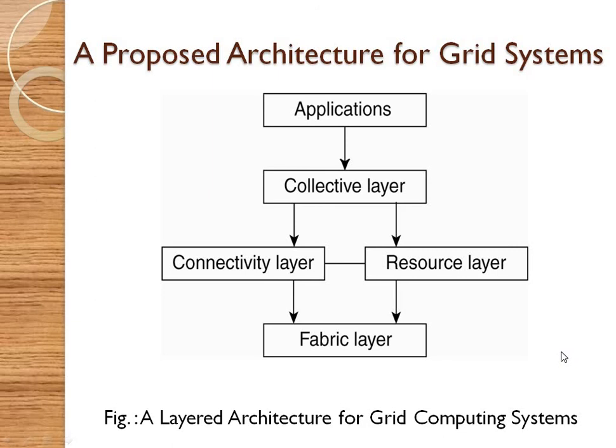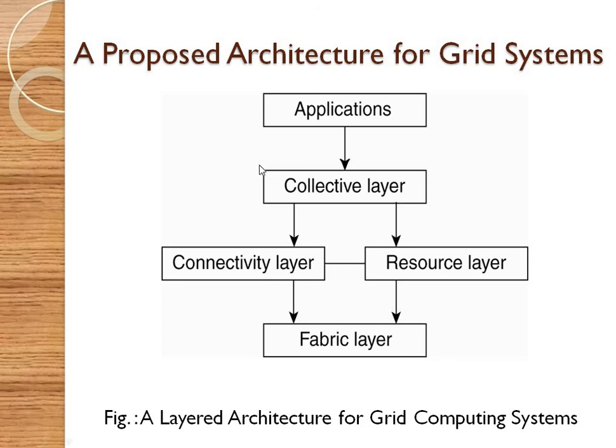The collective layer may consist of many different protocols for many different purposes, reflecting the broad spectrum of services it may offer to the virtual organization. Finally, the application layer consists of applications that operate within a virtual organization and which make use of the grid computing environment.